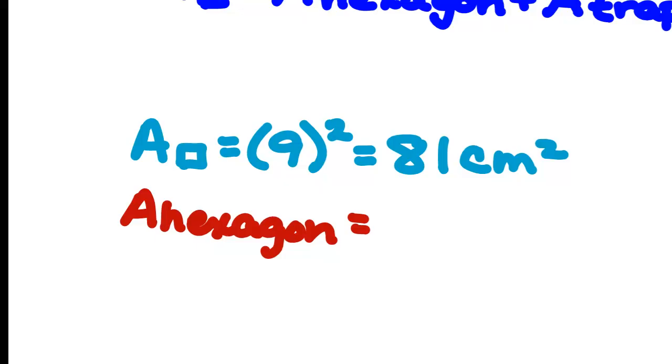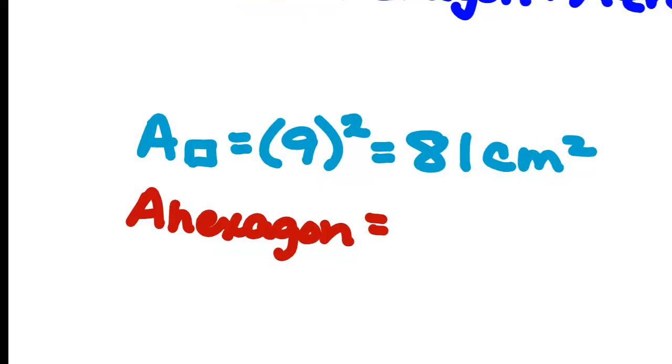A hexagon is a type of regular polygon. How do we find the area of a regular polygon? A times P. Yep, 1/2 apothem times perimeter, because it's a lowercase a, that's what we use to find the area.